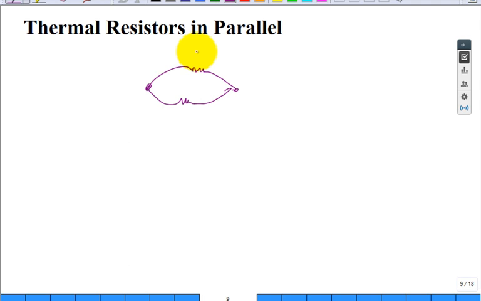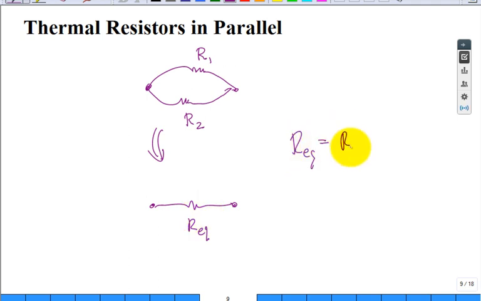Electrically, if I have resistor 1 and resistor 2, I can replace those two resistors by a single equivalent system where I have just one resistor, R equivalent. Hey, what was that equation? I think R equivalent is I just take R1 plus R2. That's series. It's not the same equation when I combine them in parallel.